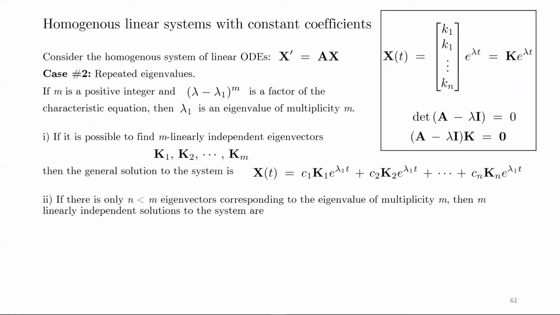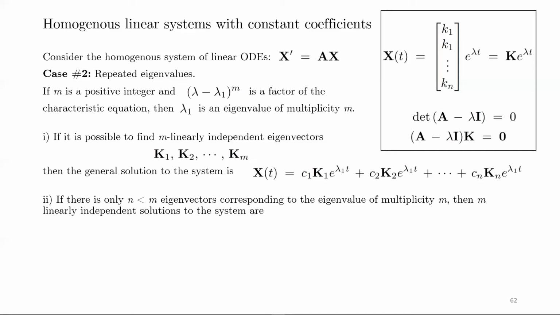The more complicated case is that there are fewer eigenvectors than the multiplicity of the eigenvalue. For example, if lambda 1 was repeated twice, so some matrix had the same eigenvalue twice, but we can only find one linearly independent eigenvector, then we have some challenge that we have to overcome.